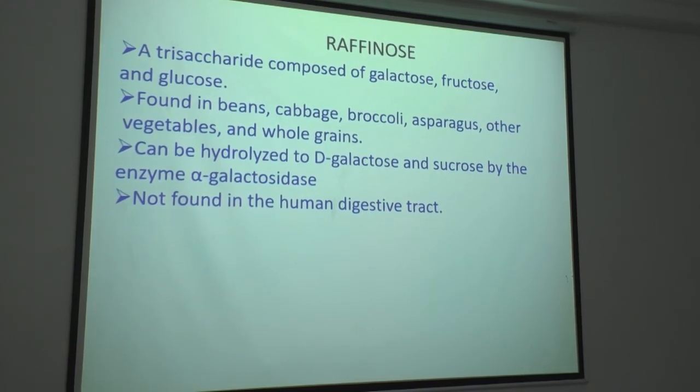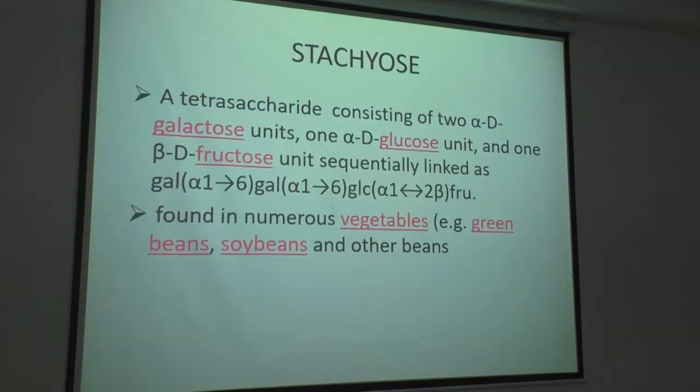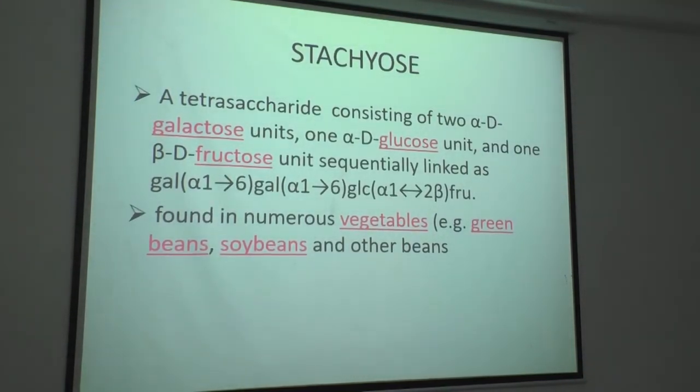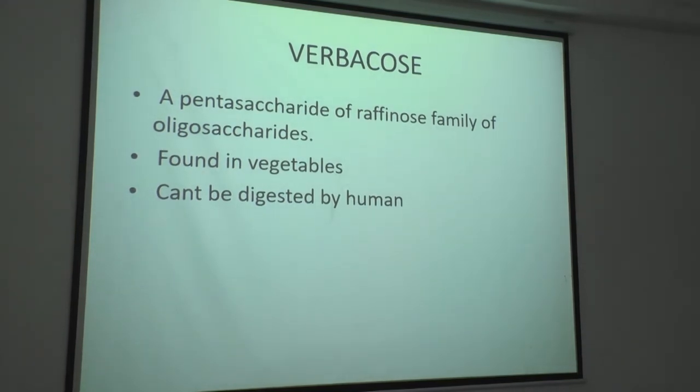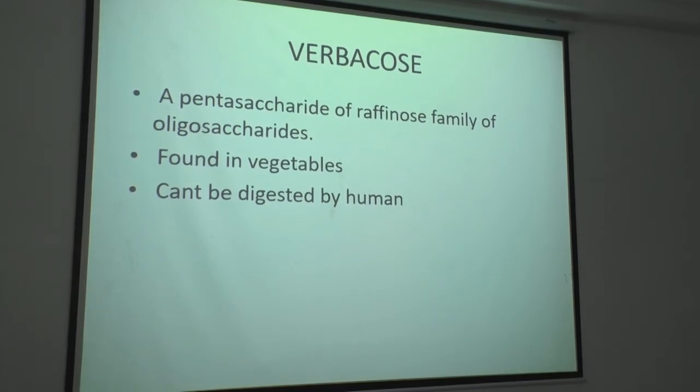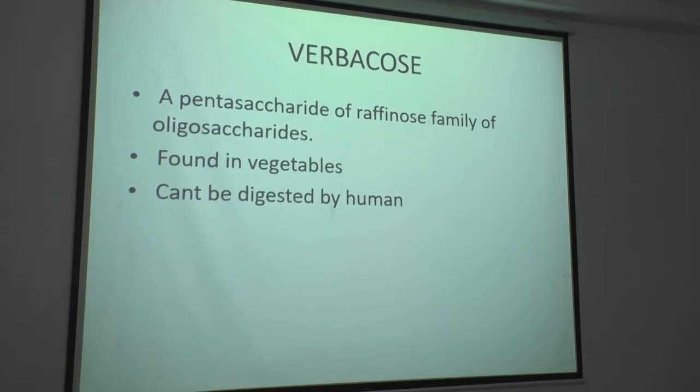One example of tetrasaccharide is stachyose. Then verbascose. Raffinose, stachyose, verbascose are all indigestible, you cannot digest them. They account for roughage, and these are found in vegetables.